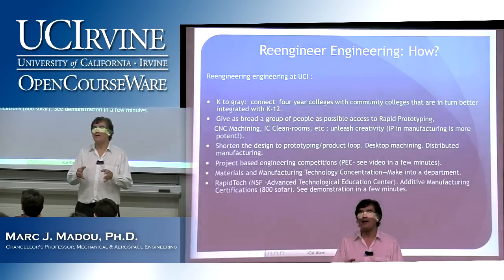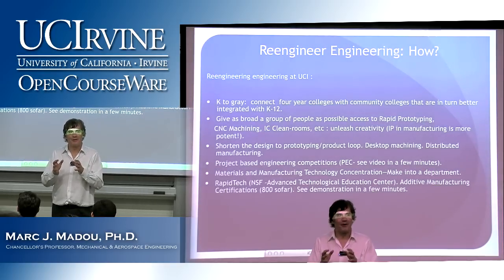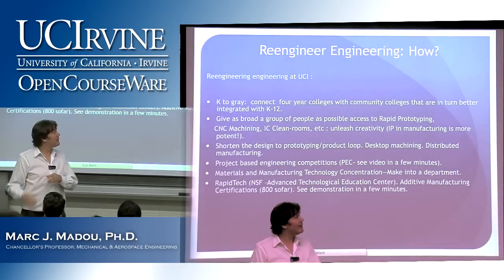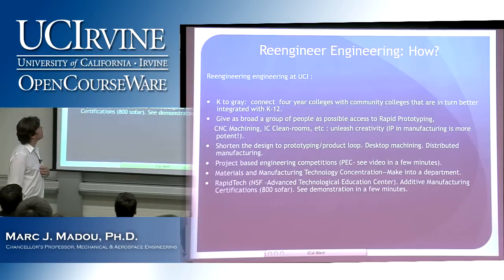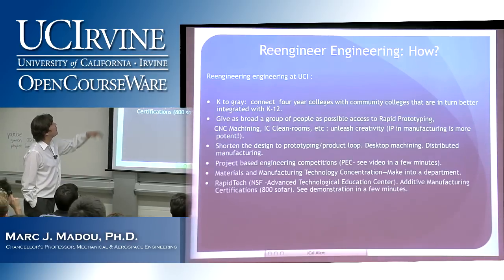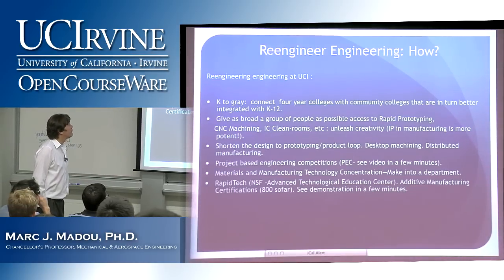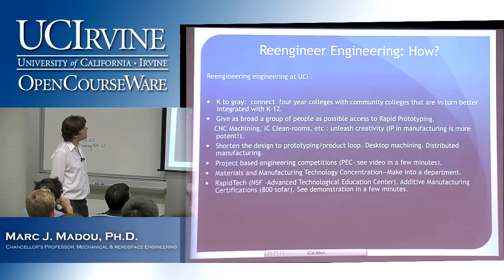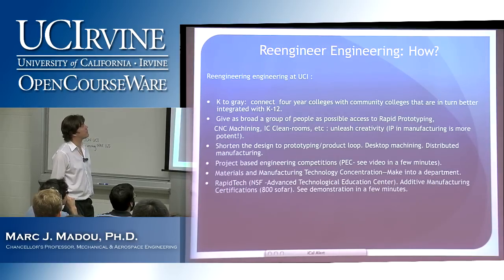So we want to re-educate people from K till they're old, right? So connect four-year colleges with community colleges that are in turn better integrated with K-12. Give as broad a group of people as possible access to rapid prototyping, CNC machining, IC clean rooms. In other words, unleash creativity, because intellectual property in manufacturing is much more potent.